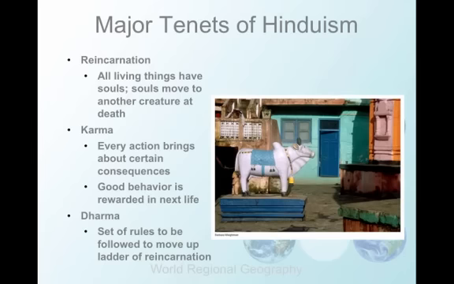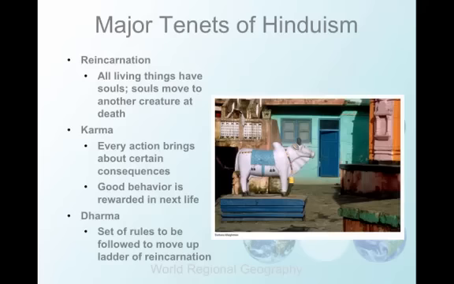Hinduism is not just a religion, rather it represents an intricate web of religious, social, philosophical, and artistic elements. Unlike Christianity and Islam, it does not have a single, strict moral code. Also, there is no direct divine revelation involved. Some of the major tenets of Hinduism include reincarnation, which means that all living things have souls, and that souls move to another creature at death.